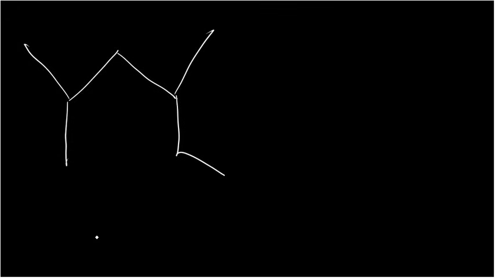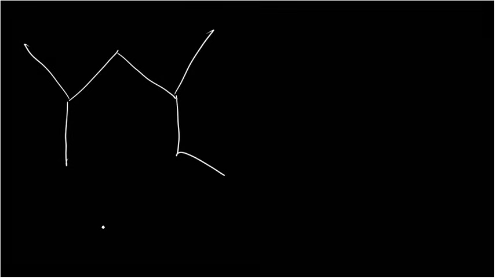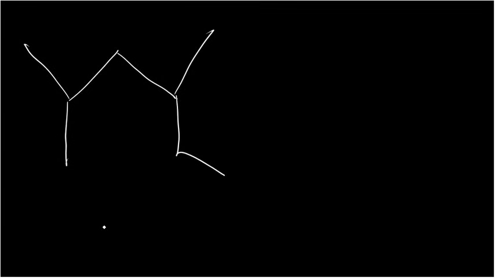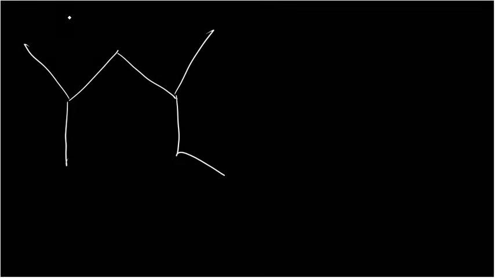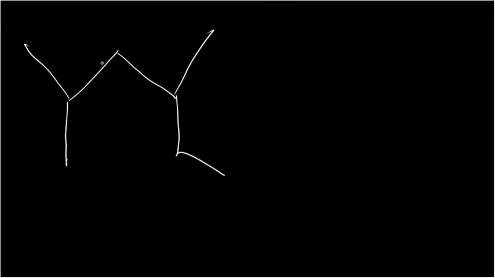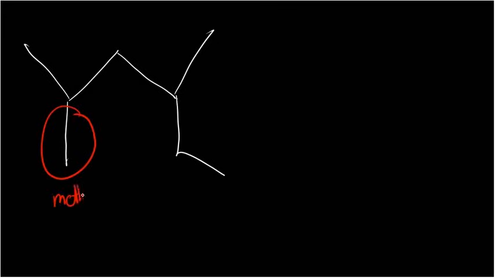Now, the question is, where do we start counting from? This is a situation where we have to start counting from the side using the what? The alphabetical order. Right? If I may ask, what is the name of this branch? This is methyl. But what is the name of this branch?